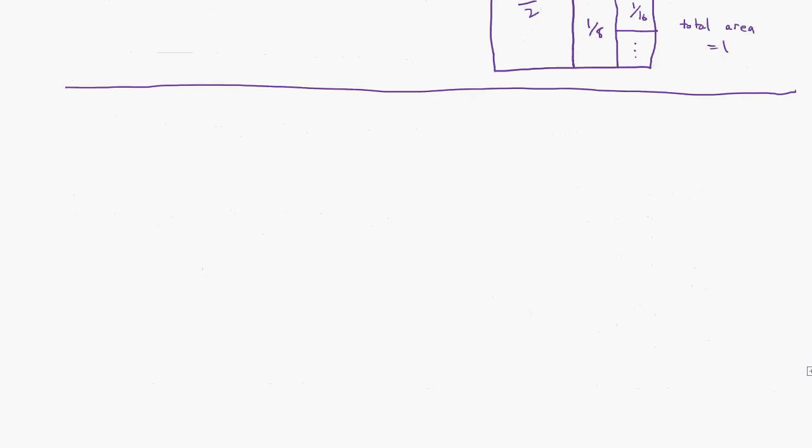Okay, so let's introduce some formalities so we can think about infinite series in general. The idea is, to make sense of infinite series, we basically add one term at a time, kind of like how I drew this picture, one additional piece at a time.